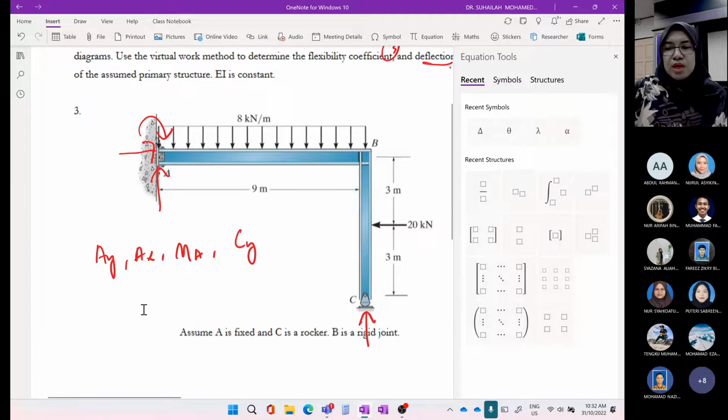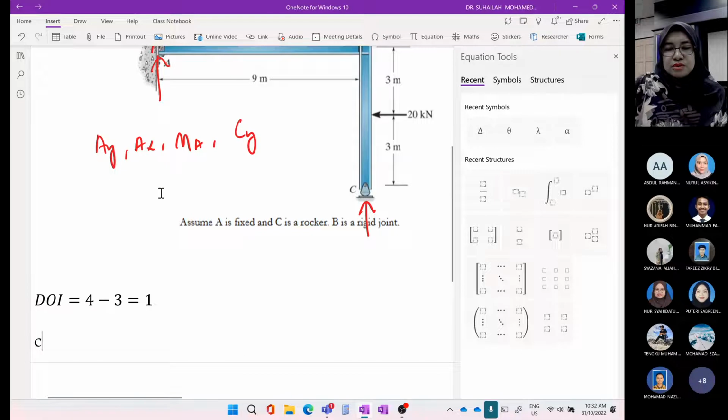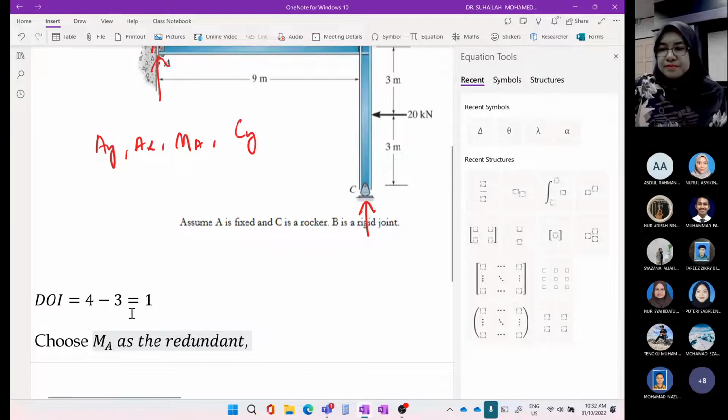So let's say we choose the moment at A, MA, as the redundant. This means that R equals MA. How many redundants? R1, one redundant.